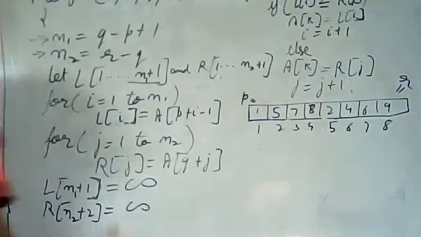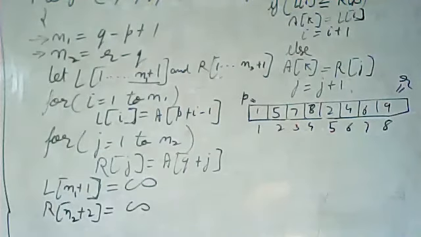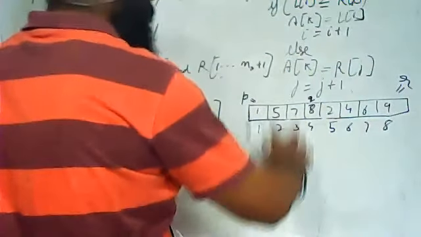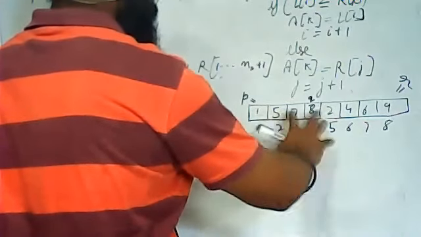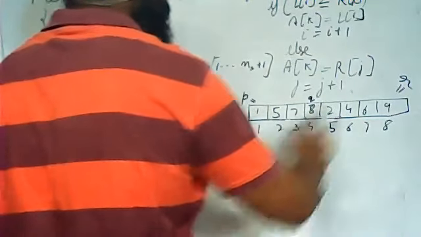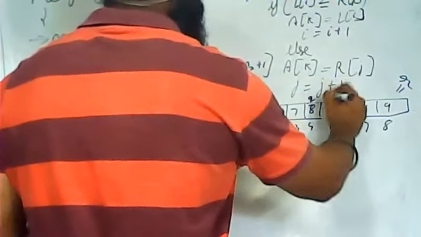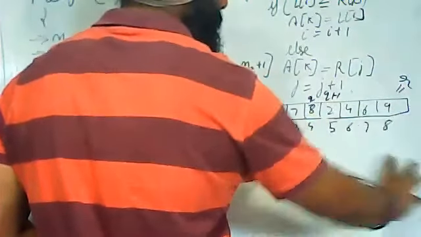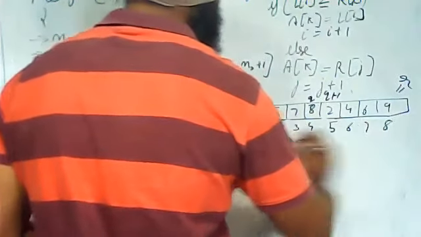Q is the middle point, in this case that will be 4. We want to create two sub arrays: the first 4 elements will be in the left sub array from P to Q, and from Q plus 1 to R, these elements will be in the right sub array. Let me copy that for you.